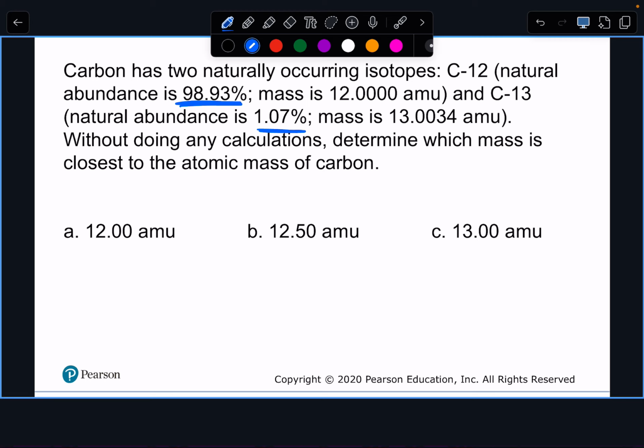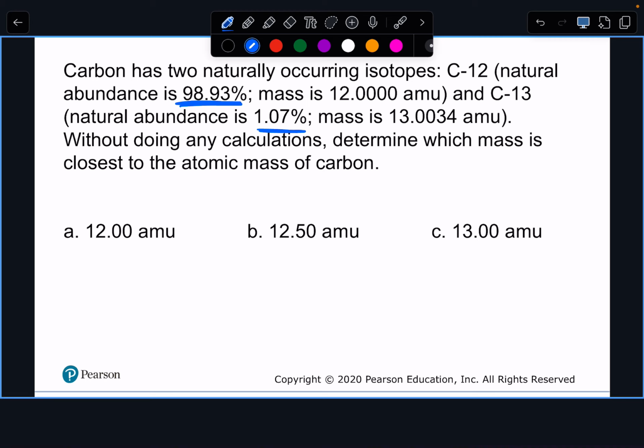Okay, so if people think about a normal average, like if we calculate the average of something, usually we just take some numbers, add them together, and then divide by however many numbers we had, right?